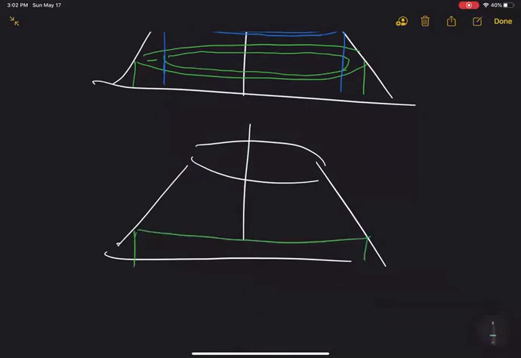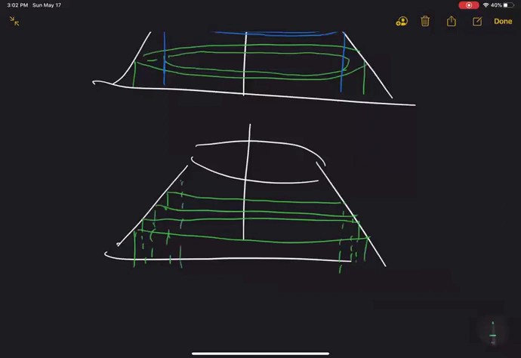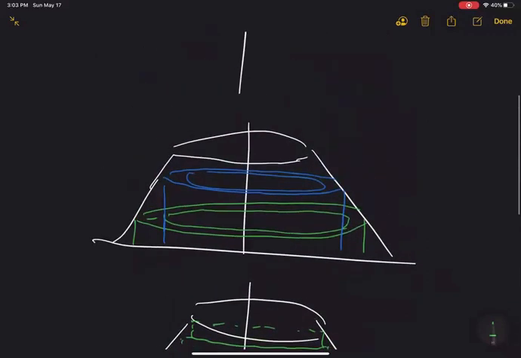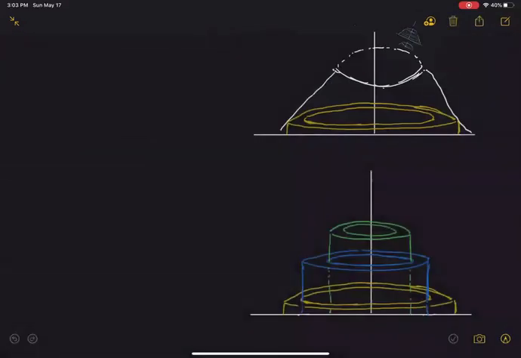I have a cylinder here, a cylinder here, and they're all nested inside of each other, kind of like Russian nesting dolls. And we see that as we make these cylinders thinner and nest more and more of them inside of each other, the approximation to my volume is going to get better and better. So that's the idea.